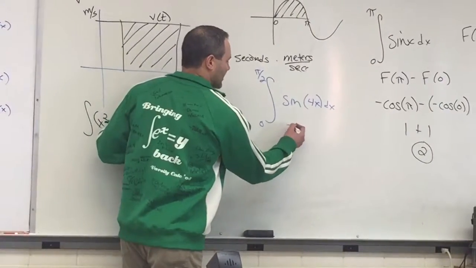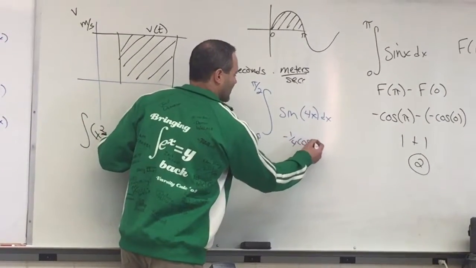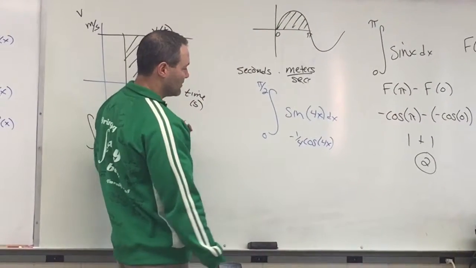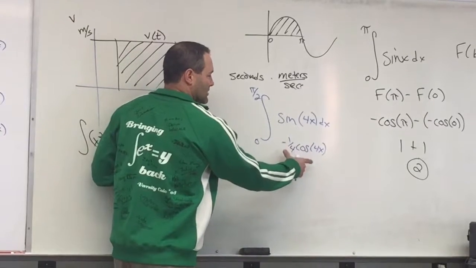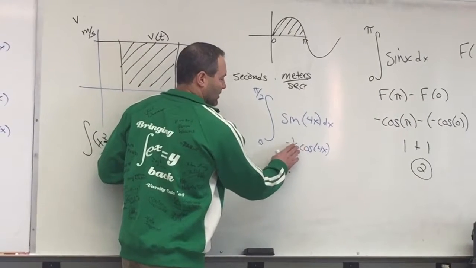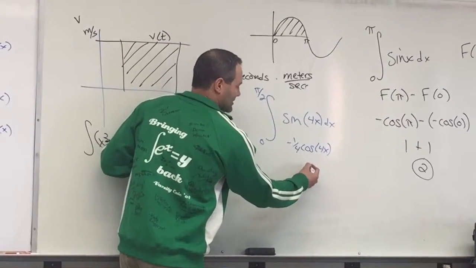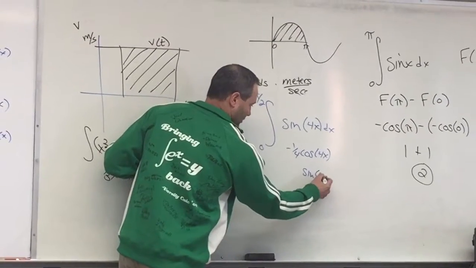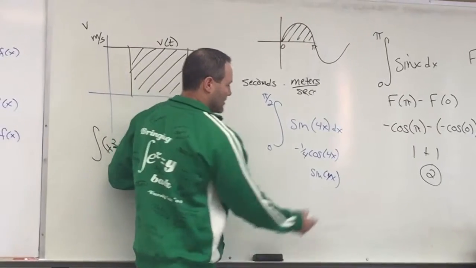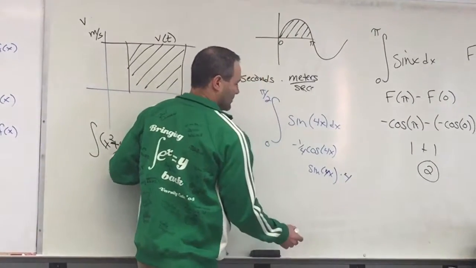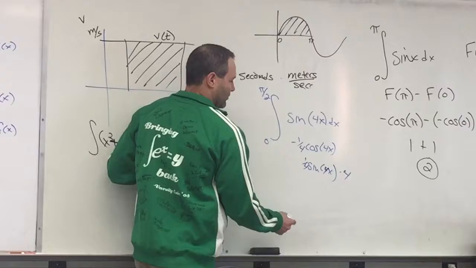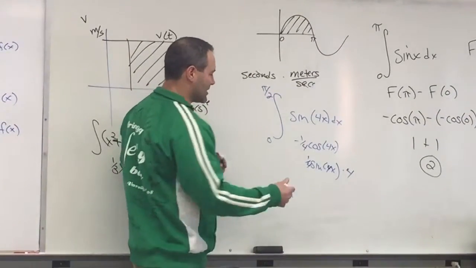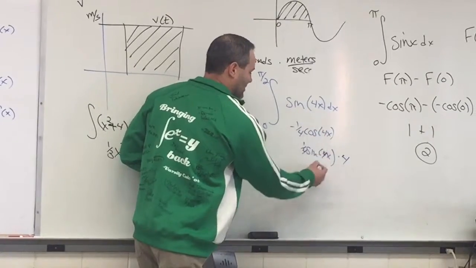So the derivative of negative cosine, we're going to get sine of 4x, times 4, and you still have the 1/4 out front. So yes, we do end up getting what we started with.